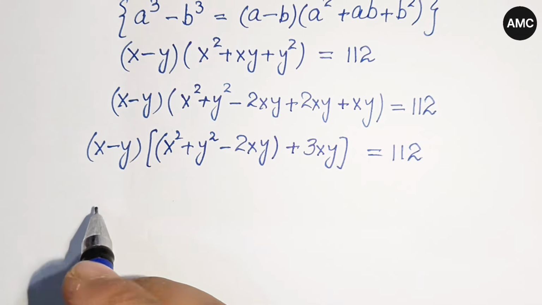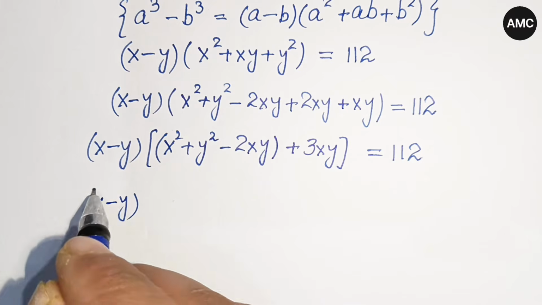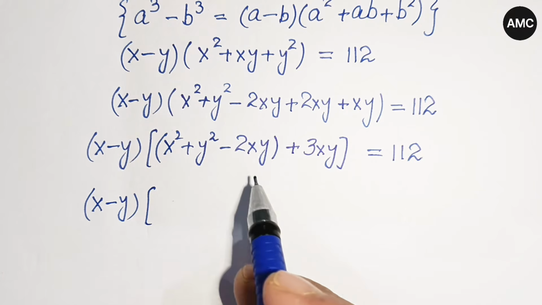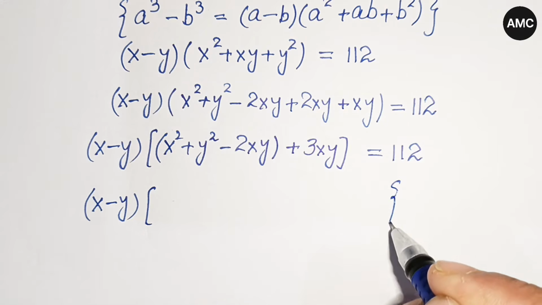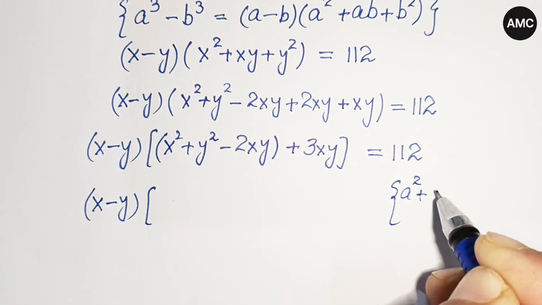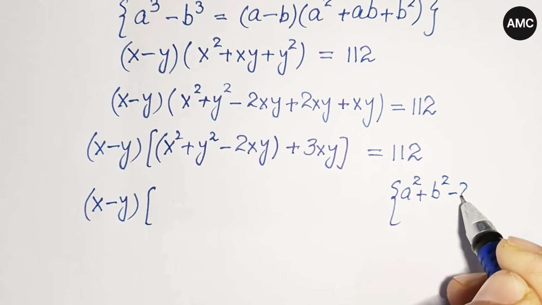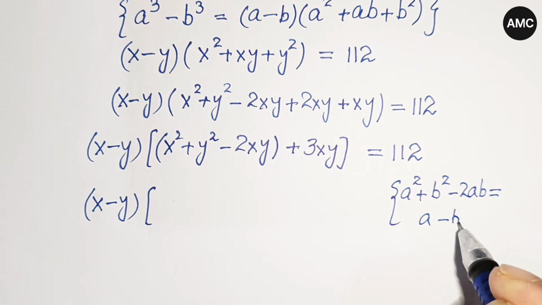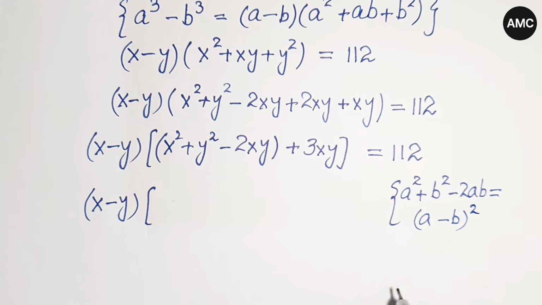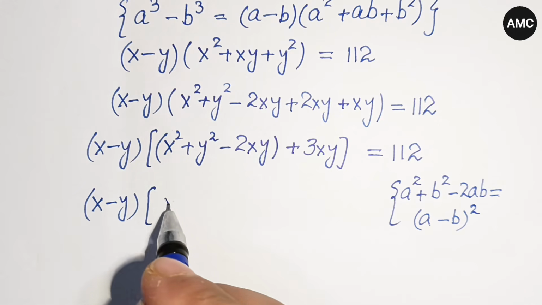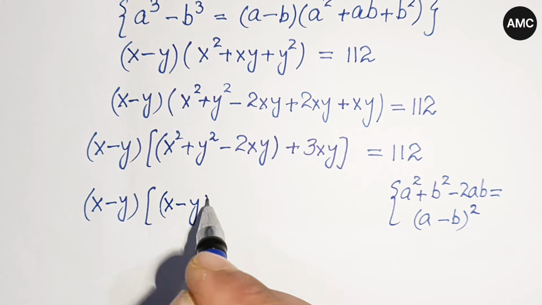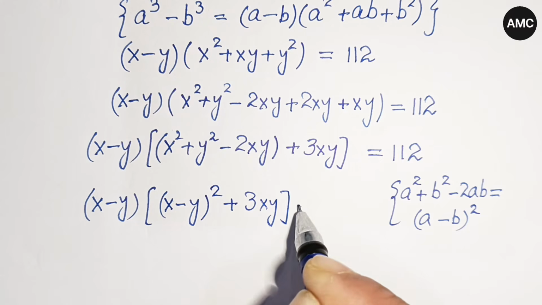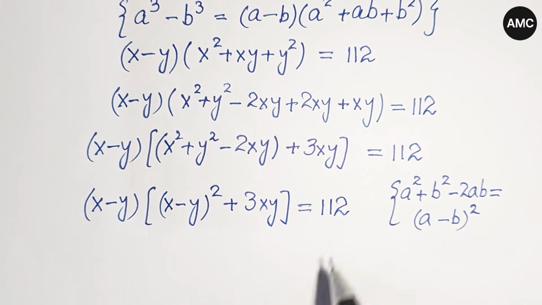Now x minus y times, here we have x squared plus y squared minus 2xy, and we know by the algebraic identity that a squared plus b squared minus 2ab is equal to a minus b whole squared. So applying this here, it will be x minus y whole squared plus 3xy is equal to 112.